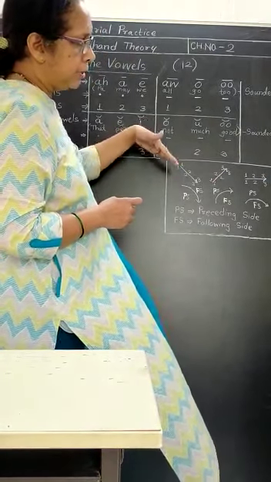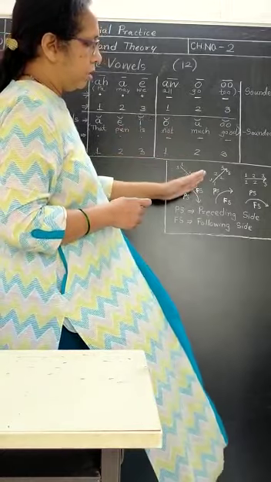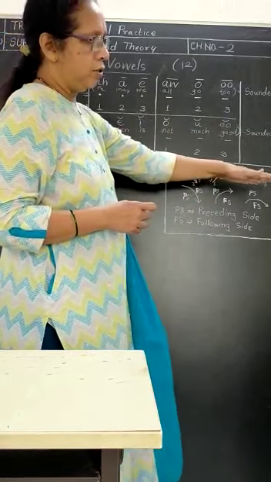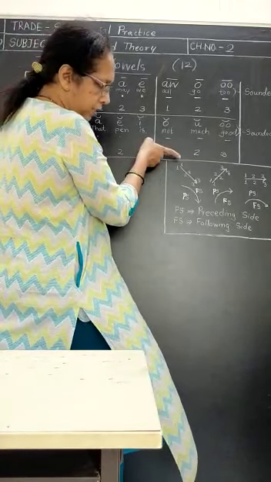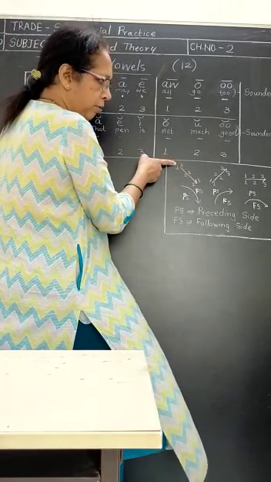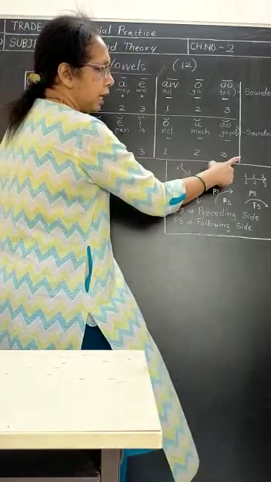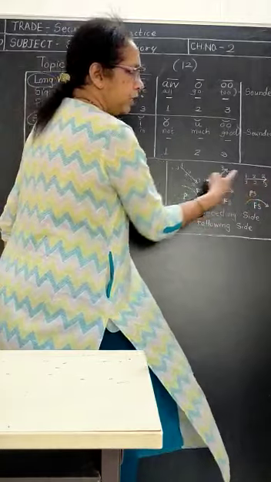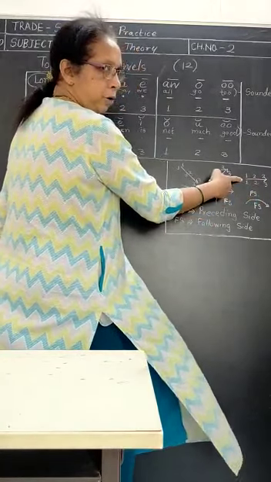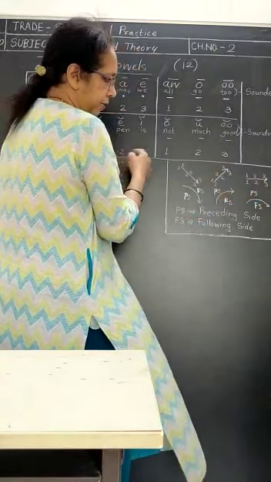At the beginning of any stroke, if it is down, the beginning is from upside. If it is an upstroke, the beginning is at downside. And if it is horizontal, then the beginning point is at the left side.